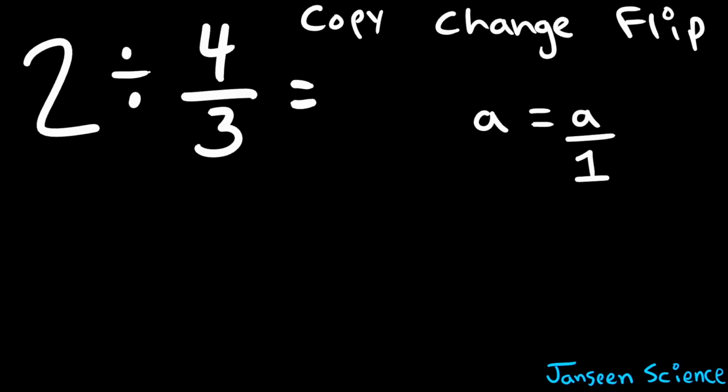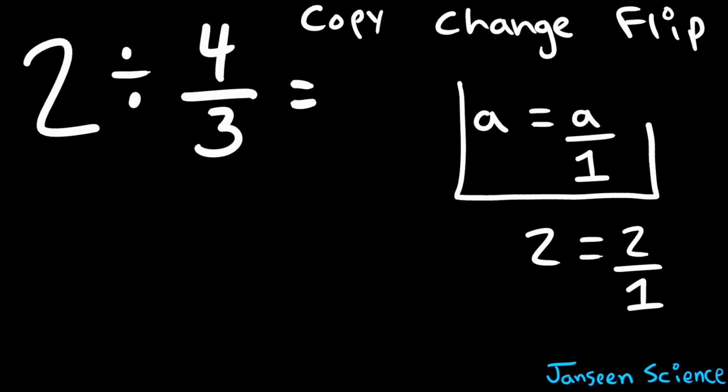This tells me that any number, let's say 2 for example, can be written as a whole number, or it can be written as a fraction, 2 over 1. Dividing 2 over 1 equals 2, meaning the 2 did not change, meaning the value did not change, meaning this a equals a over 1 statement is true.